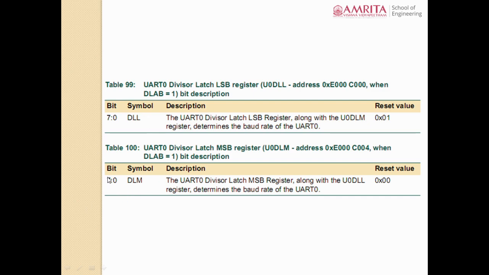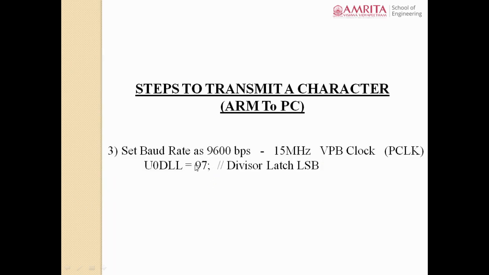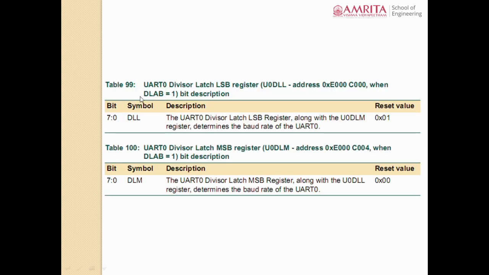In order to have protection. Because if by mistake you write some value into DLL, your whole serial transmission will be affected. So in order to protect the baud rate generator and the serial transmission UART peripheral, there is another bit known as the divisor latch access bit, DLAB.